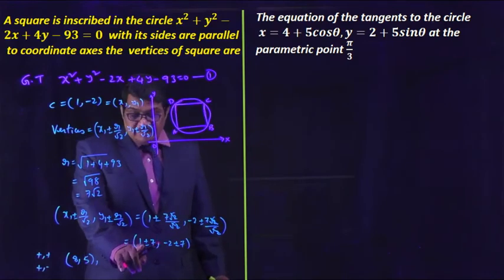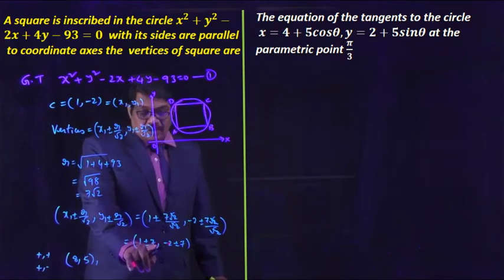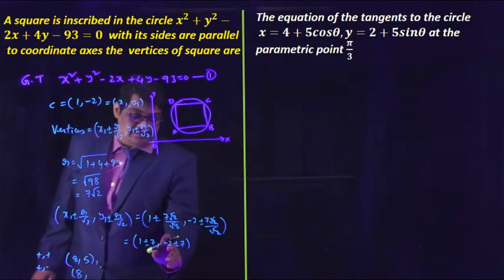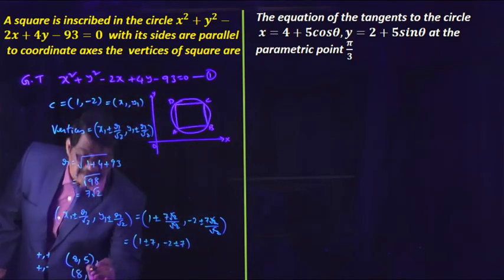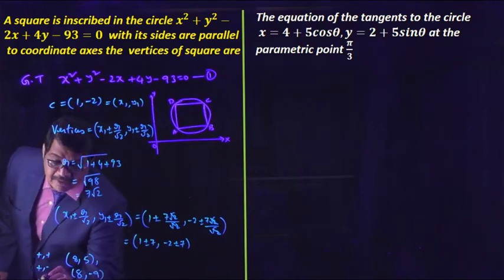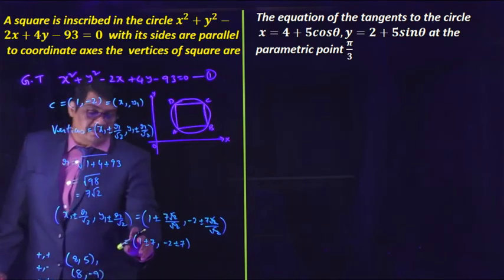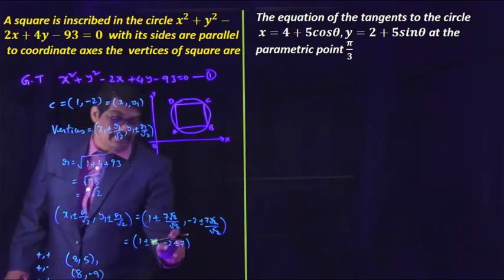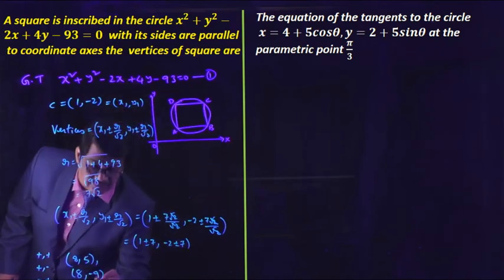So here taking plus, 1 plus 7, that is 8. Here taking minus, minus 2 minus 7, minus 9. Now we take minus plus. Here minus 1 minus 7, minus 6. And here plus 7 minus 2, that is 5.